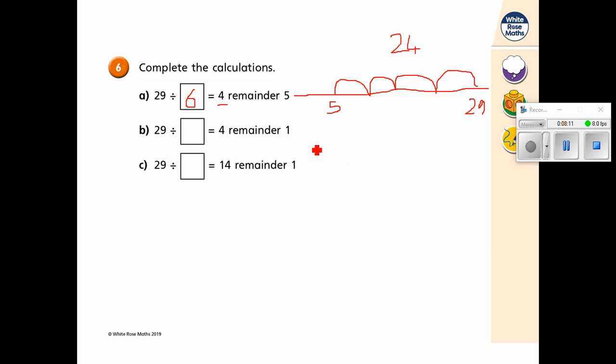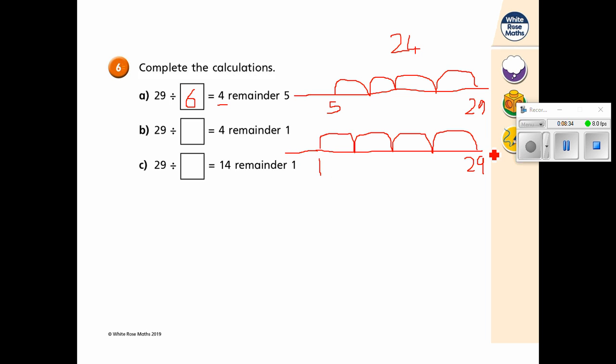Right, okay, well, let's draw part of the number line again. So we've gone from 29, we've gone 4 steps, 1, 2, 3, 4, and we've got down to 1.